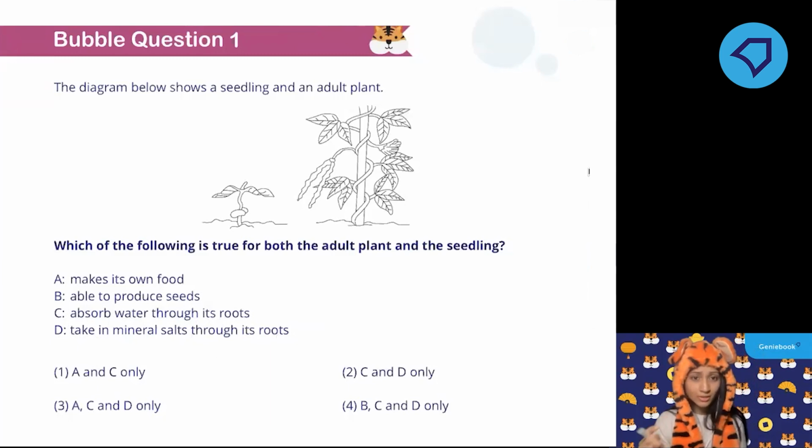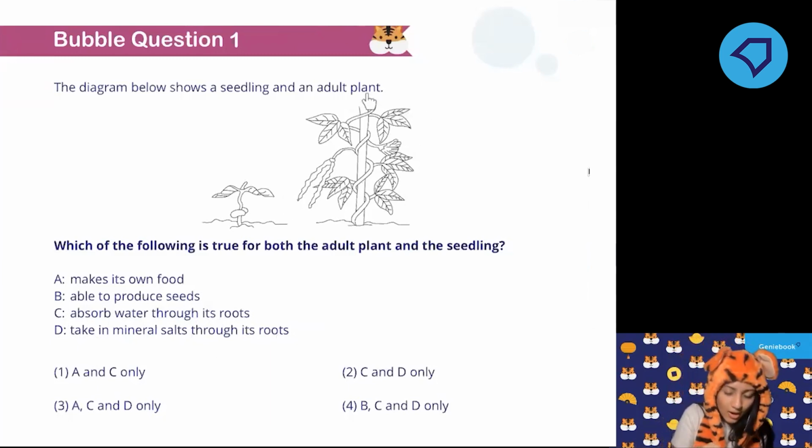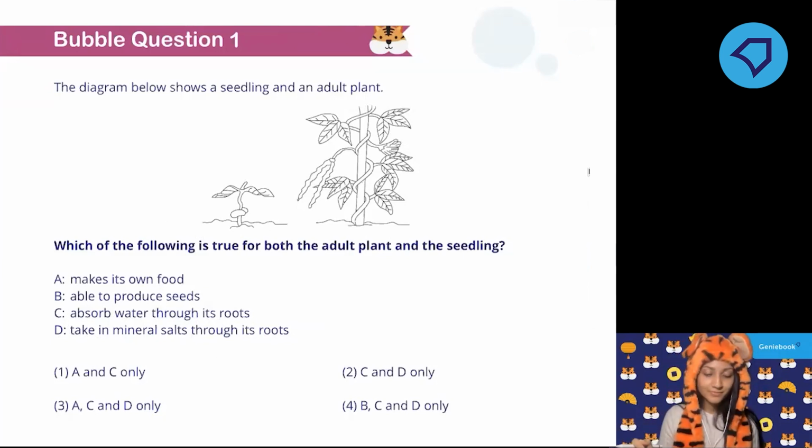Okay, so the clue here is to look carefully at the structure of the seedling and the adult plant. Even though there's no color in this diagram, you can sort of tell the parts of the plant, right? You must look very carefully at the image. And later I will ask some of your friends to explain.